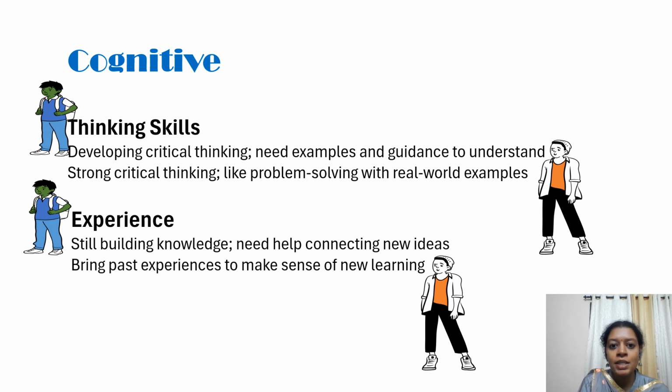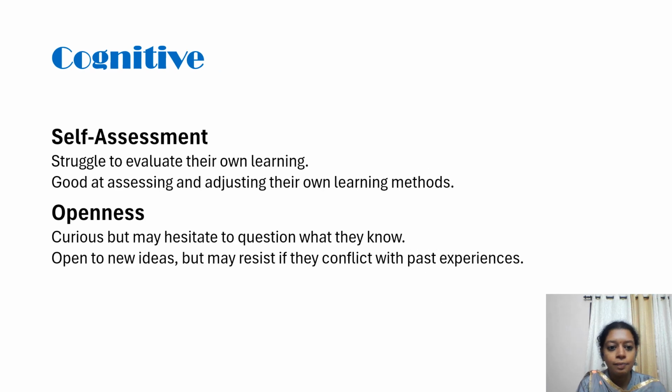So adolescents are still building their knowledge base, so they need help connecting new ideas to what they are learning. But in the case of adults, they are using their past experience to understand new concepts, and they draw on what they already know to make sense of new information. Okay, that's the difference between the adult and adolescent learners.